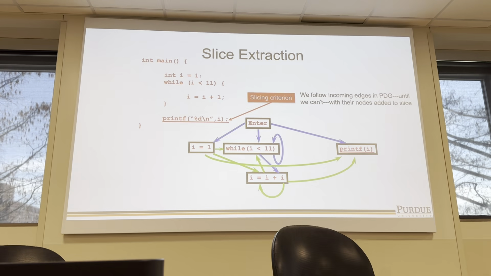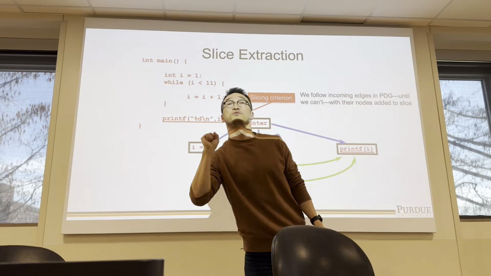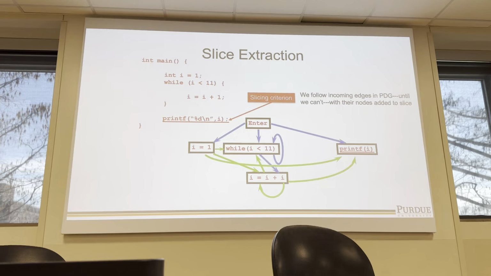So we have this form, and then we just get rid of all the other things we have not visited. So that means compared to the original code, we have a shorter amount of code in there. Again, slicing is kind of extracting something you're only interested in, right? So usually at the end of the slicing, you will get a smaller code.